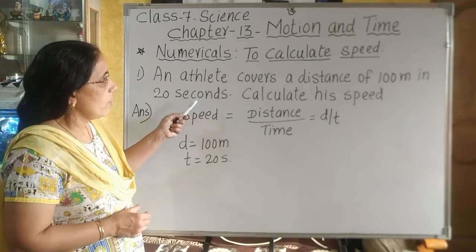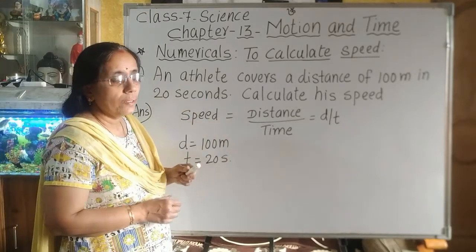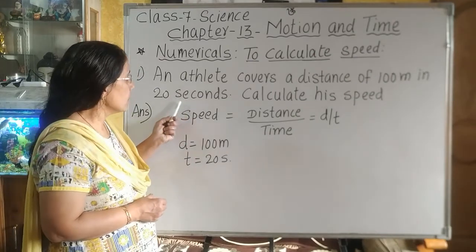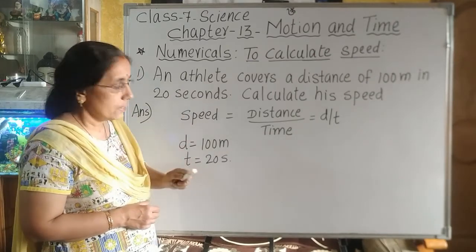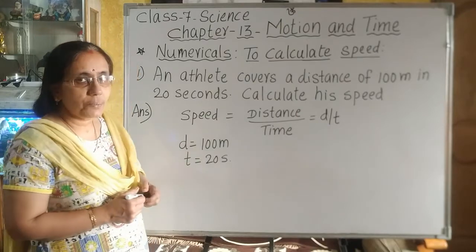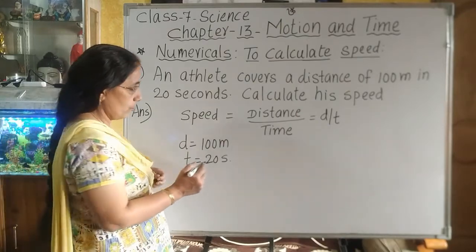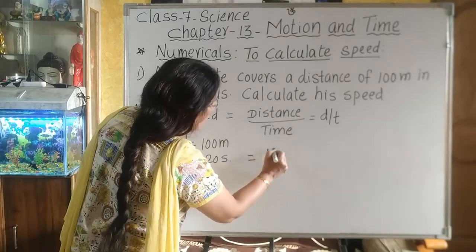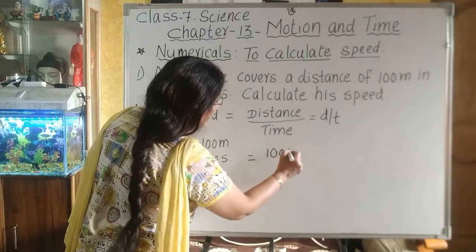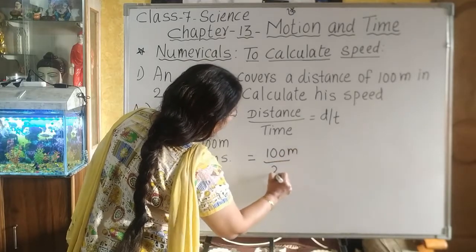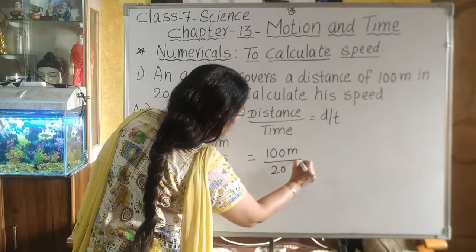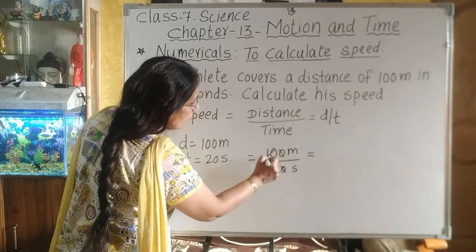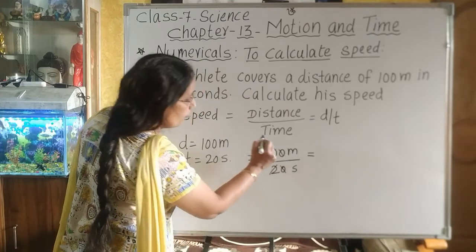Now, in this case, what is the distance given? The total distance travelled is 100 meter, whereas the total time taken is 20 seconds. So, substitute these values in the formula. 100 meter divided by 20 seconds. So, on cancellation, you will get 10 upon 2 is equal to 5.